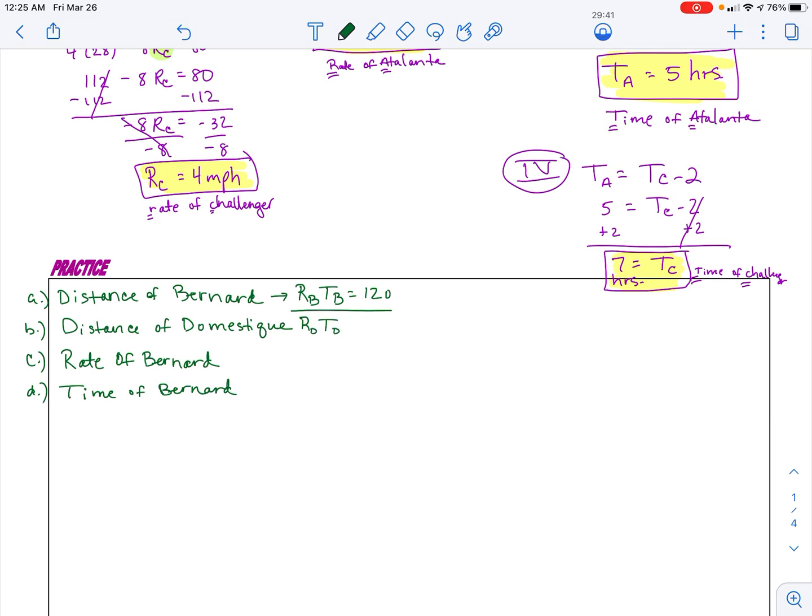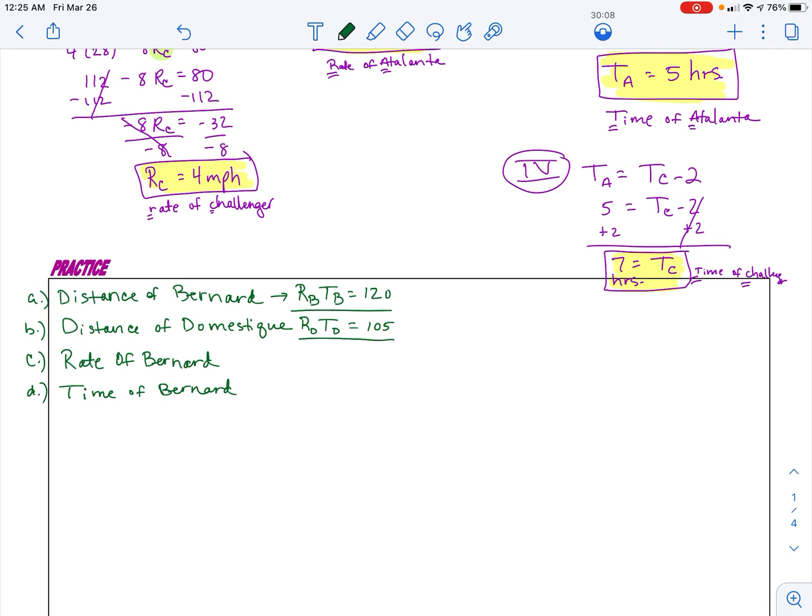So R sub D times T sub D equals, and let's see what is the distance that domestique raced. Well, it says here, for this reason, Bernard raced 120 miles in 3 hours less than it took the domestique to race 105 miles. So there it is. There's the distance of the domestique.